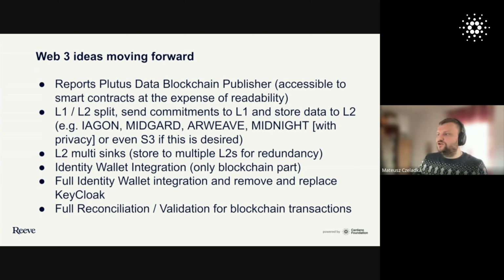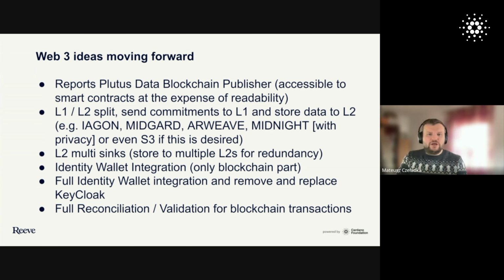Midnight is definitely an interesting idea to explore, or even an S3 bucket from Amazon, if that's what a particular organization wants. There's nothing speaking against it. We're not picking winners or losers. The idea here is to have possibilities, right?